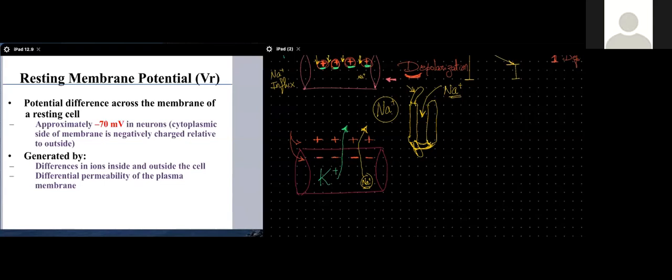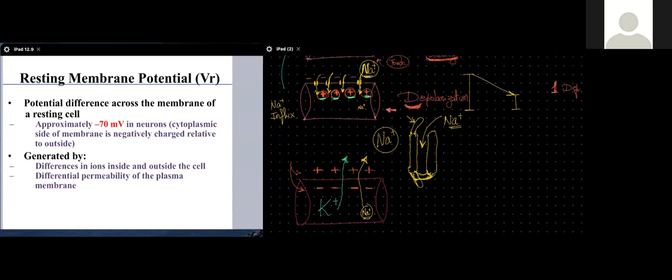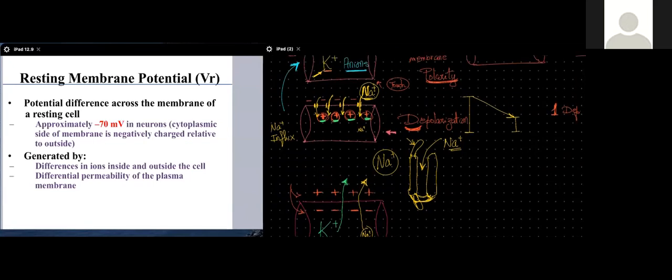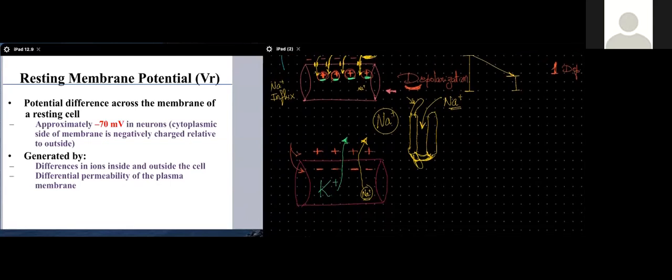Why potassium? Why don't you get this sodium back to where it came from? In order for you to depolarize, you allow the sodium in. So why don't I move it back out? Because it's going to be trying to move against the concentration gradient. You're trying to move the sodium from its low concentration inside the cell to its high concentration outside of the cell.